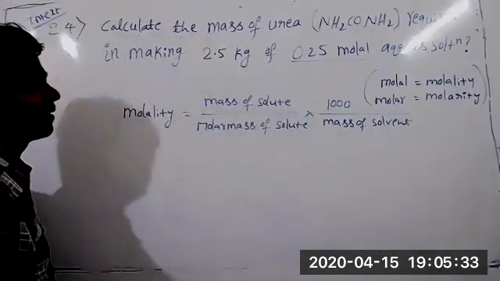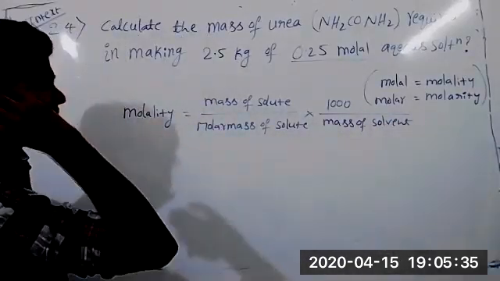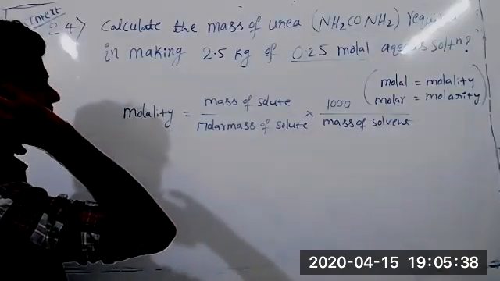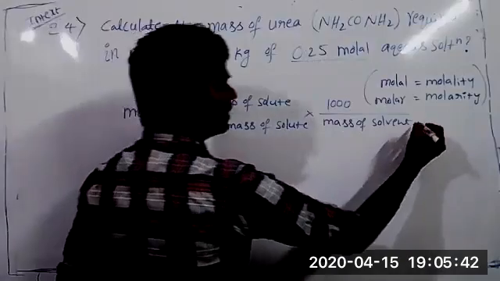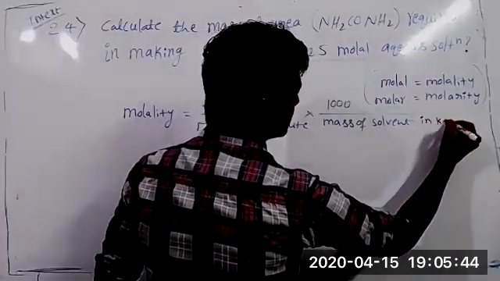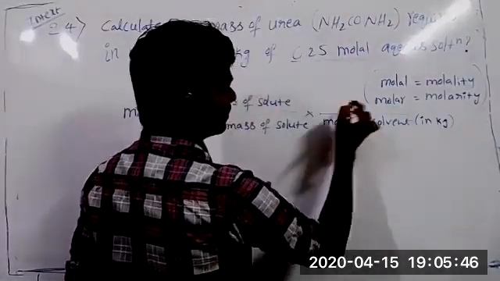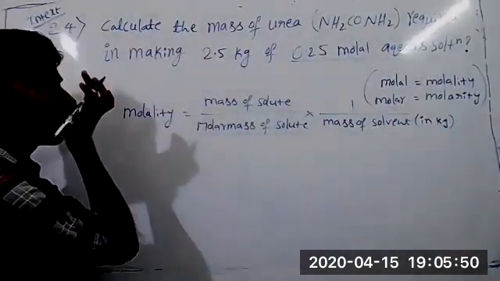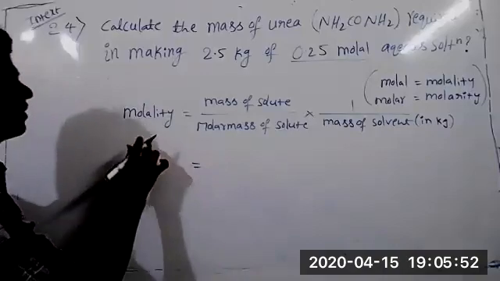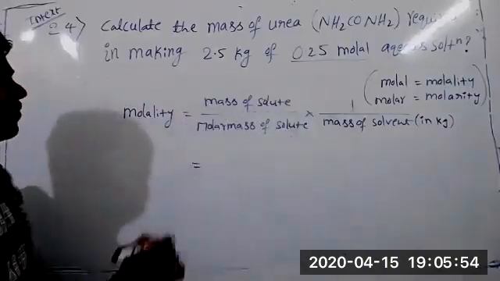We don't need 1000 because it's already in kg. If it is in kg, you take 1 divided by the mass of solvent in kilograms. Substitute now. Molality is 0.25.